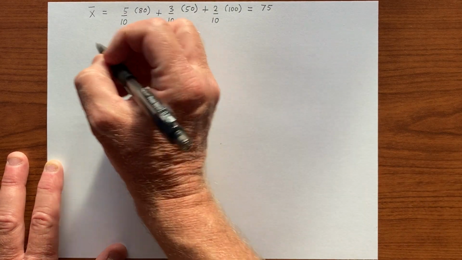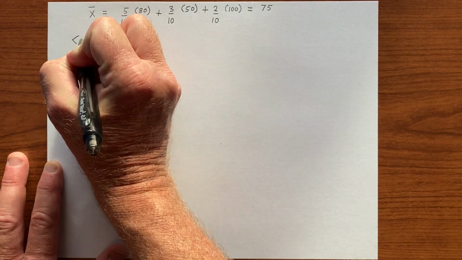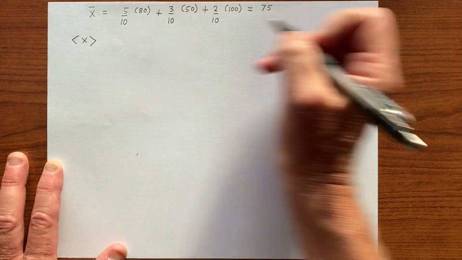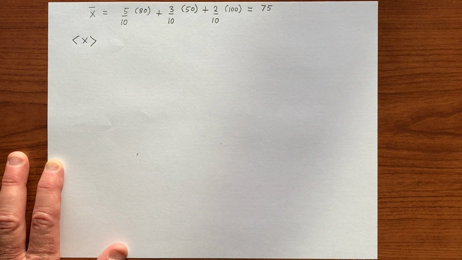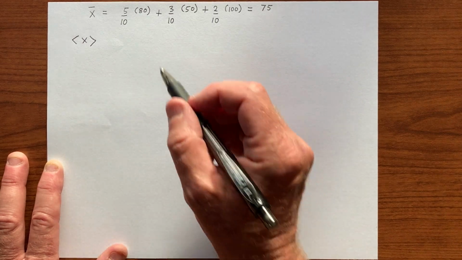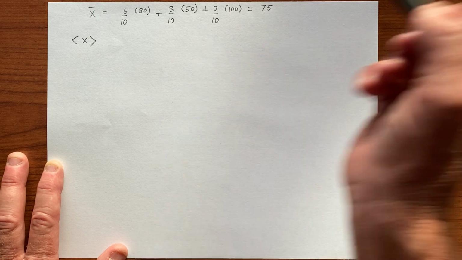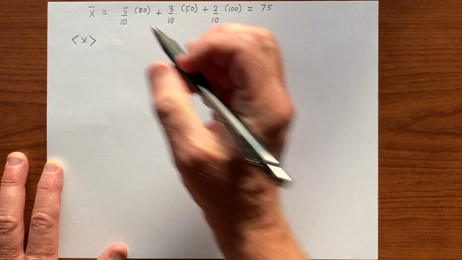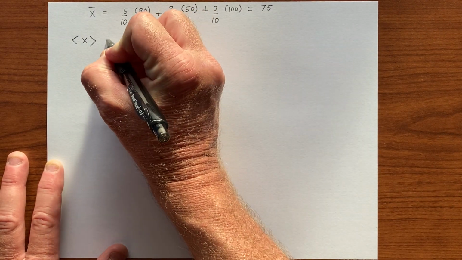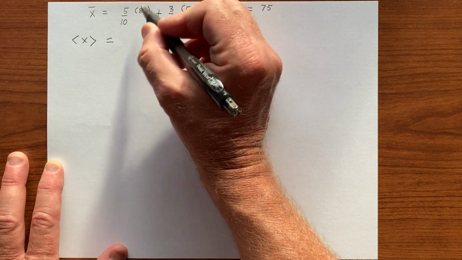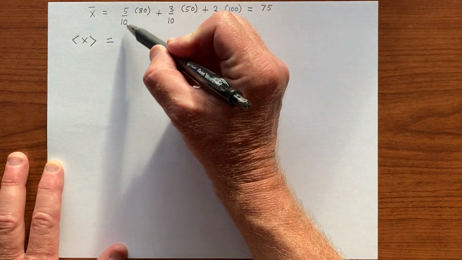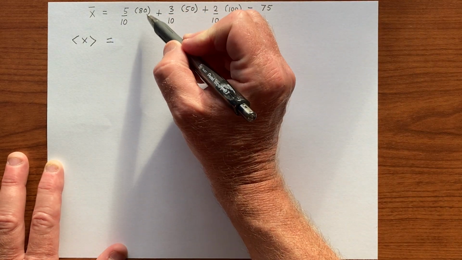And so this average is a little bit different in the sense that it involves a whole bunch of different systems that were initially in the same state, and so we call it the expectation value.